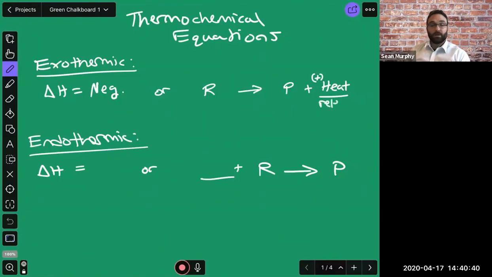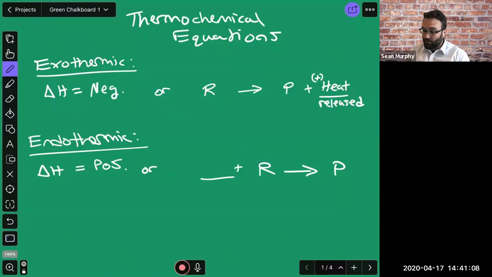All right. Alternatively, in endothermic reactions, when it's represented, delta H is always positive. However, for endothermic reactions, if the numerical value is inside the formula, it can also be represented. But instead of being produced, it's going to be consumed or absorbed.